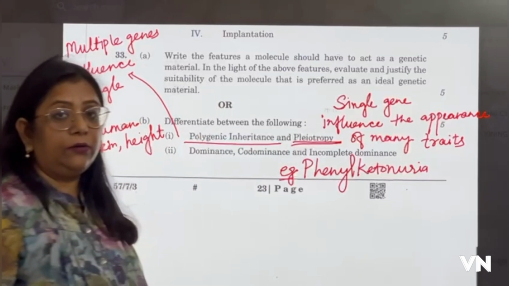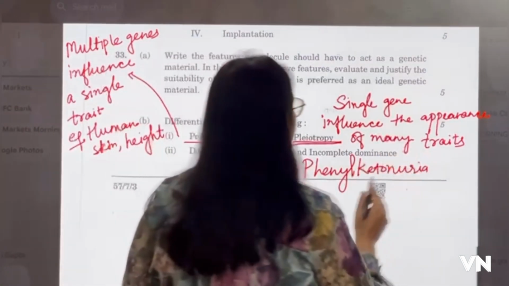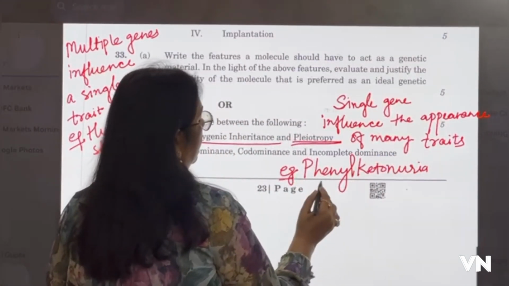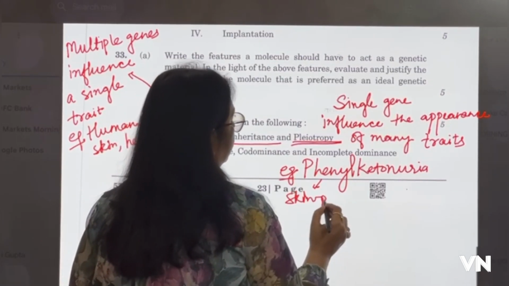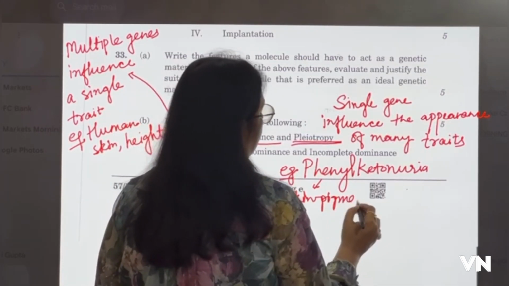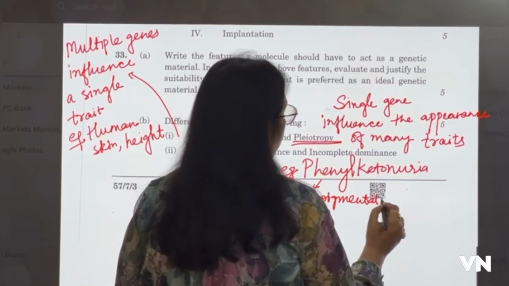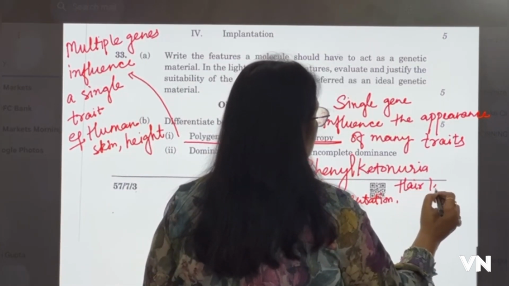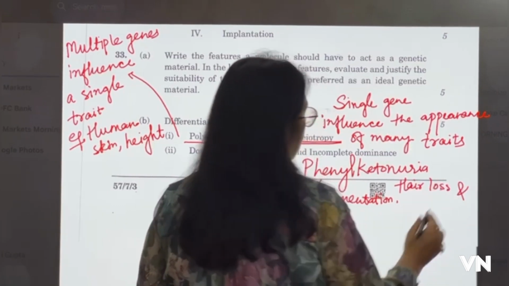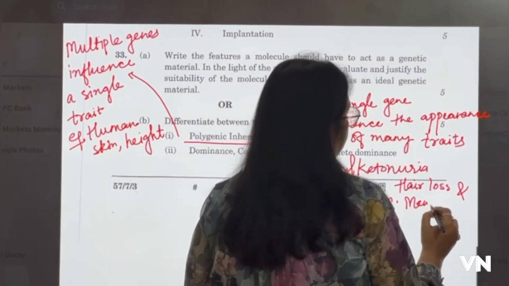In phenylketonuria, different traits appear like skin pigmentation, hair loss, and mental retardation.